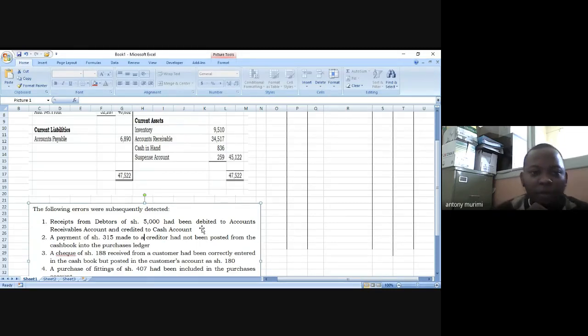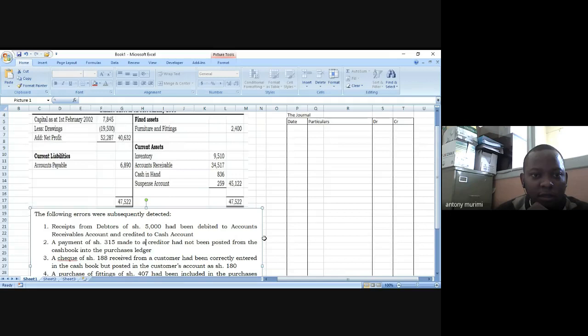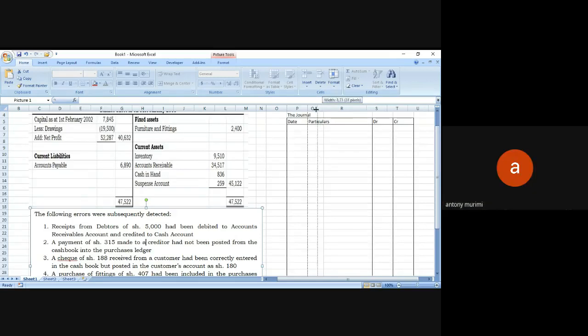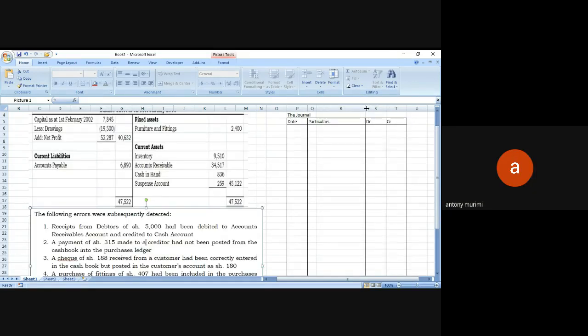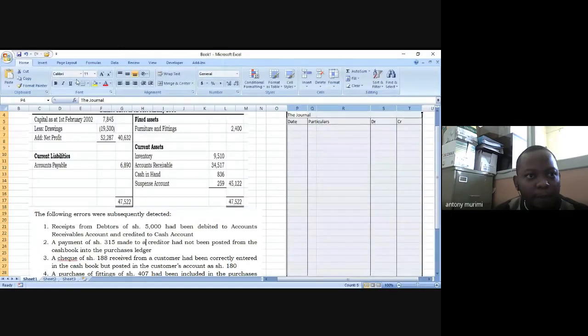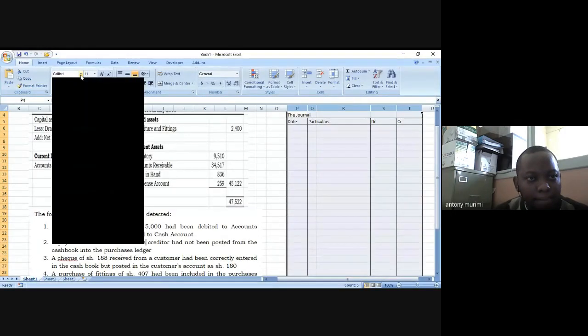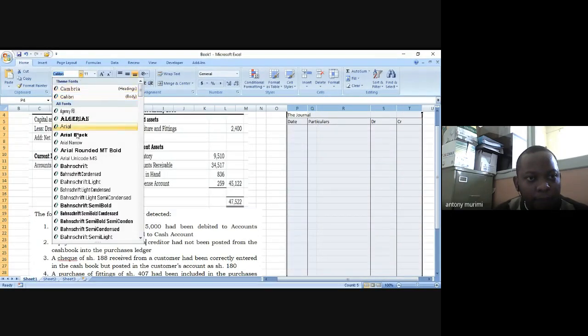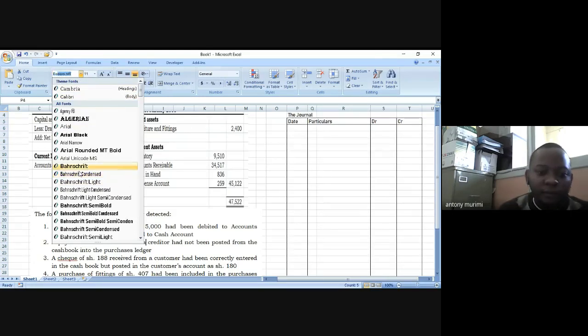We can all see that there's a problem here, isn't it? What should have been done for this transaction? Someone in this meeting?